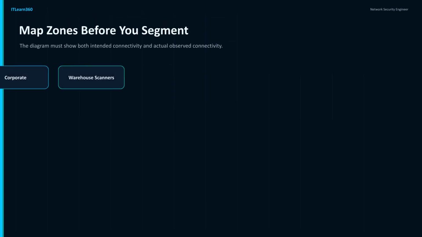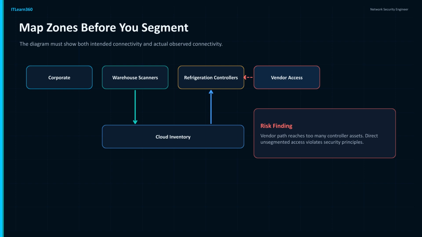Segmentation starts with an accurate map of the environment. Summit Fresh has corporate users, warehouse scanners, refrigeration controllers, vendor access, and a cloud inventory application. The diagram should show both the intended connectivity and the connectivity that actually exists. That difference is important because the risky finding in this case is that the vendor path can reach too many controller assets.